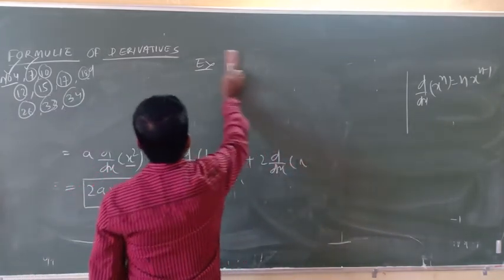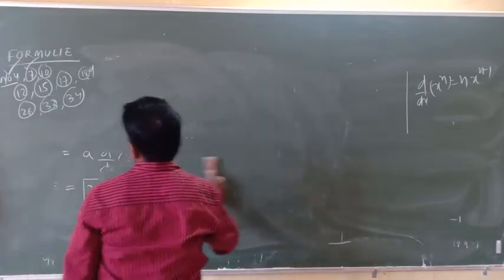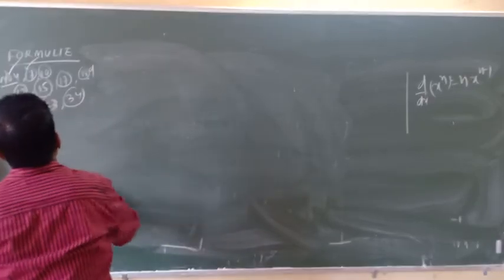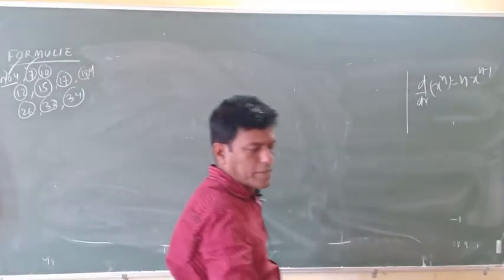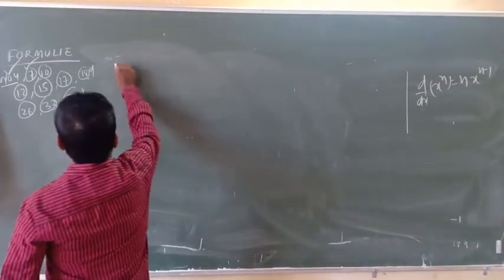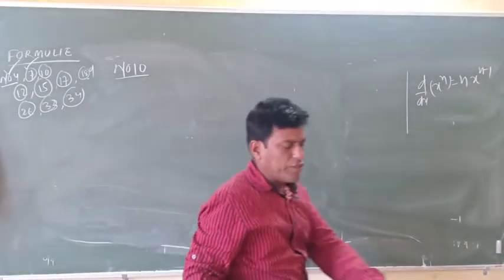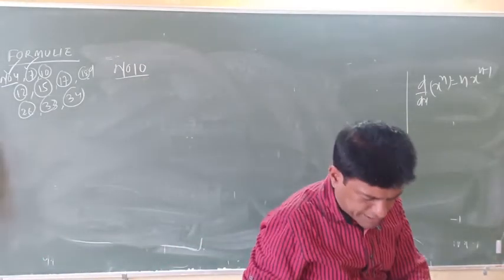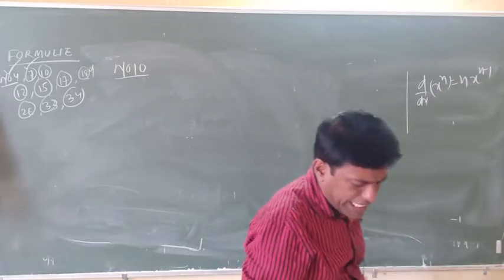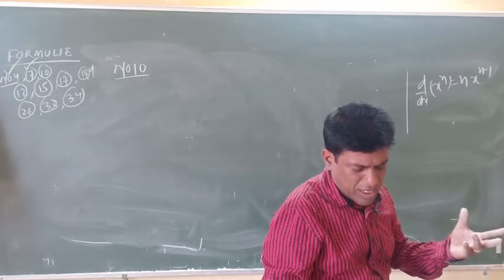Then going to number 10. Here is number 10. You look, number 10 is given in this type. Number 10 is the derivative of x square, because you look, number 9 and number 10 are the same process.